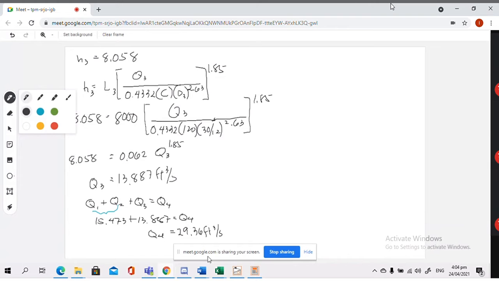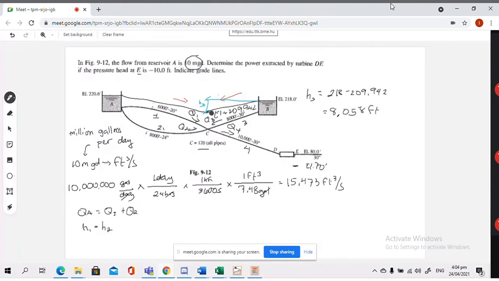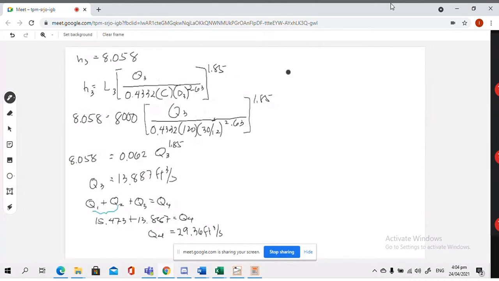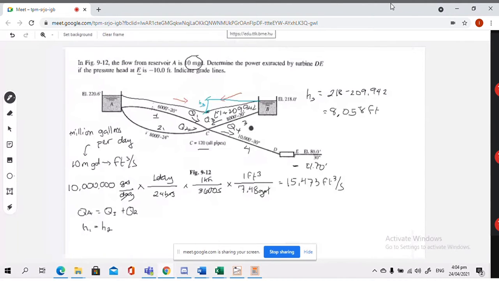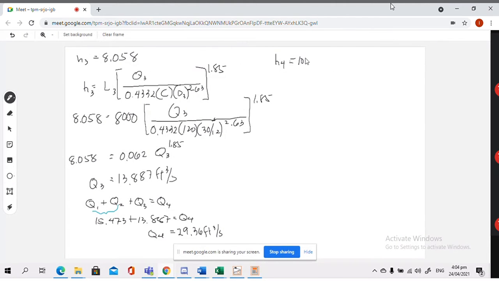So substitute it. Now that we have Q, we can get the head loss. We need this head loss because we need to know the direction of flow here. So head loss 4 is equal to L of pipe 4, 10,000, with 30 inches diameter. So 10,000 times 29.36 over 0.4332 times 120 times 30 over 12 to the 2.63, to the 1.85.